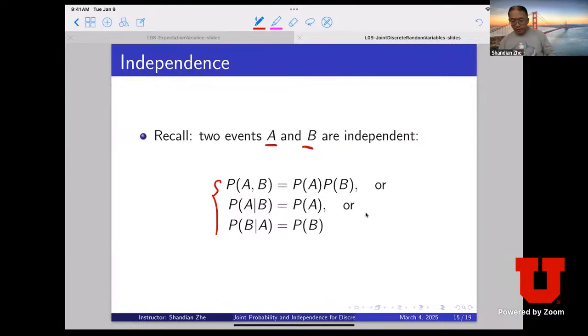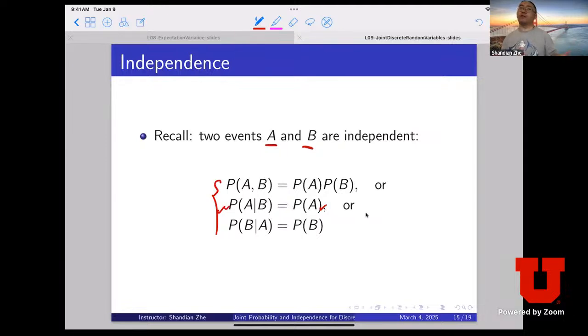So we can either check the joint probability of these two events, A and B, whether it can be represented by the product of the probabilities of each individual event, P of A times P of B. Or we can check whether the conditional probability of A given B is the same as the marginal probability of A. So this basically means that the probability of A has nothing to do with whether B happens or not, right?